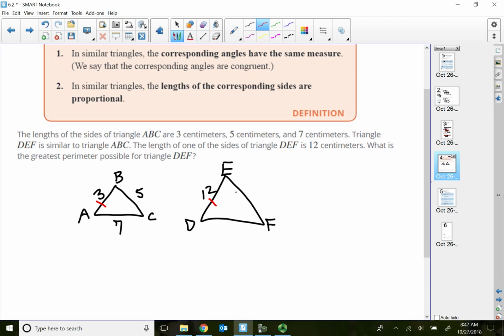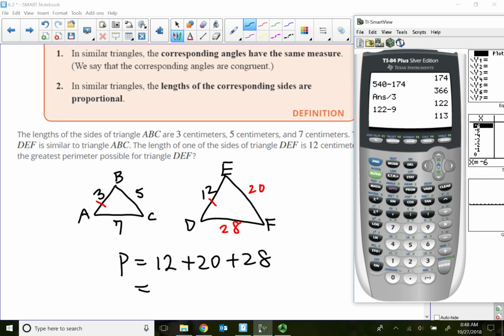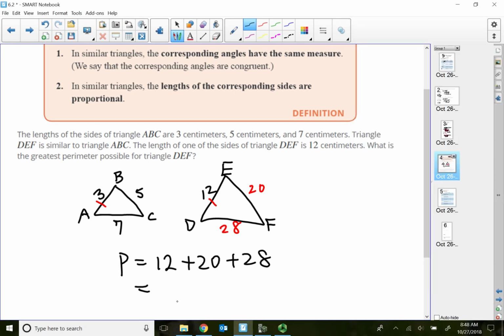If this triangle is 4 times as large, the other two sides will also be multiplied by 4, so that will be 20 and 28. So the largest perimeter possible for triangle DEF will be 12 plus 20 plus 28, which is 60.